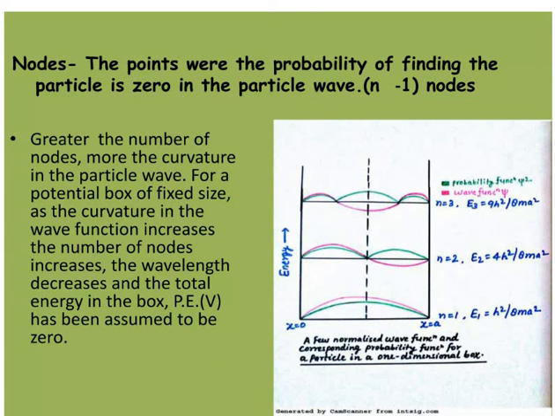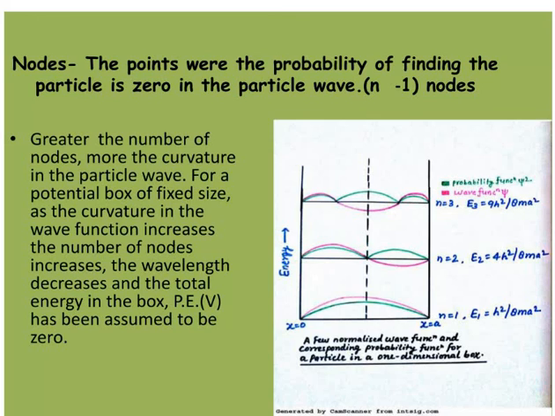So nodes, that is also very important. The point where the probability of finding the particle is 0 in the particle wave. So n minus 1 nodes. Now you can see in this picture the nodes. Where are the nodes? In the first there are no nodes, then n is equal to 2 and n is equal to 3.